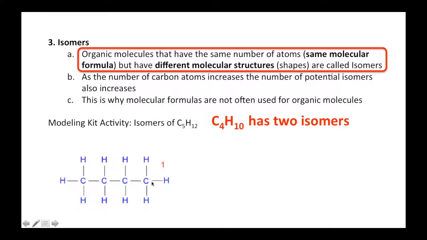C4H10. Now I can draw that another way. Look at this. 1, 2, 3, 4 carbons. And then I've got 1, 2, 3, 4, 5, 6, 7, 8, 9, 10. Those are the same formula, C4H10, but they have different structures. They look different. That's what an isomer is. Now, those are the only isomers for C4H10.